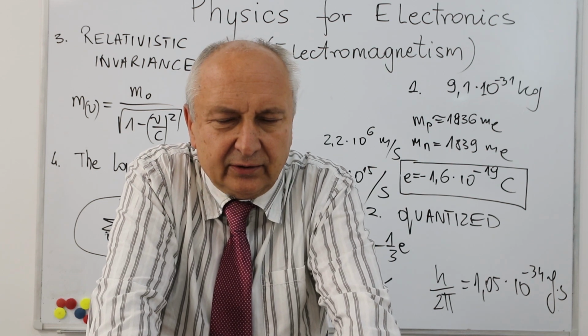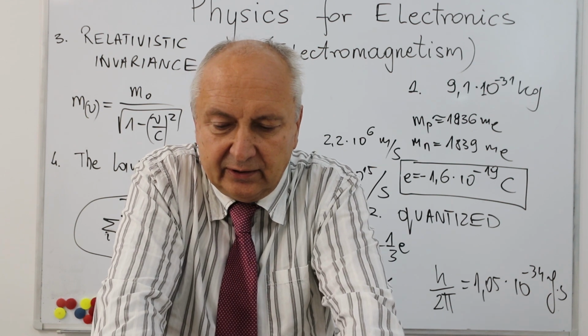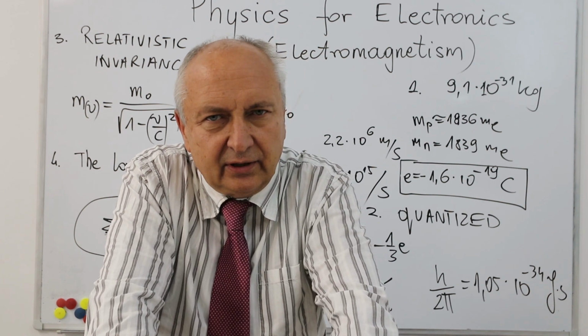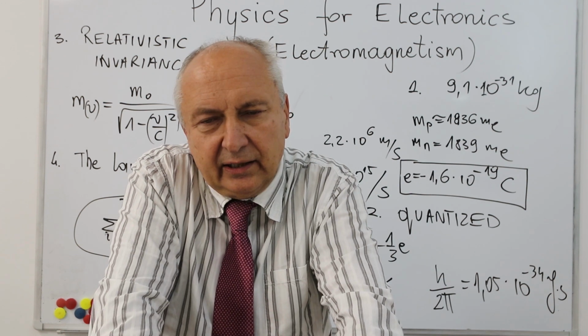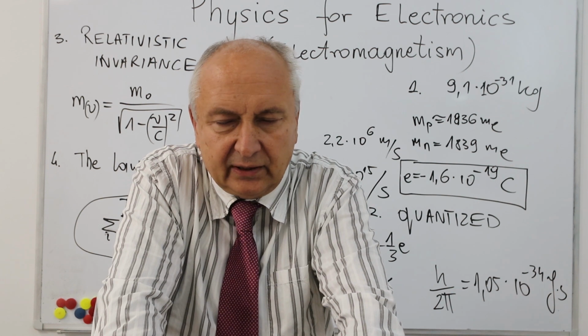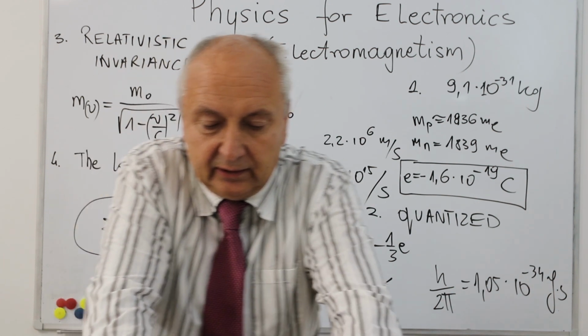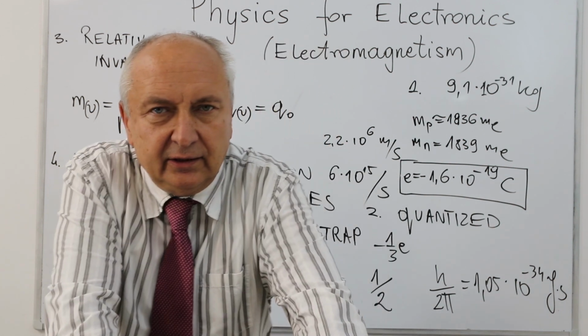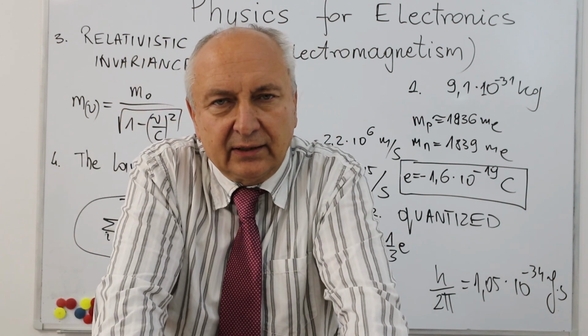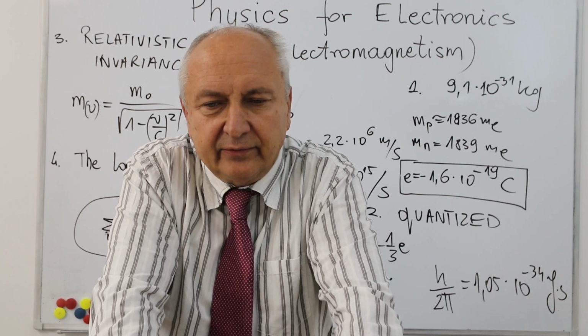We don't know if the electron is a particle or a wave, because in some experiments it behaves like a particle, in others like a wave. Electrons can interfere with one another, so they behave like waves.